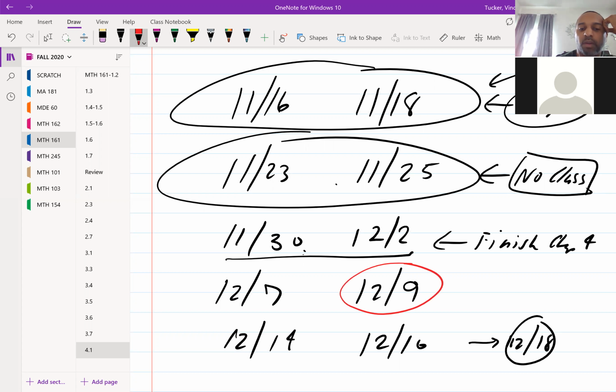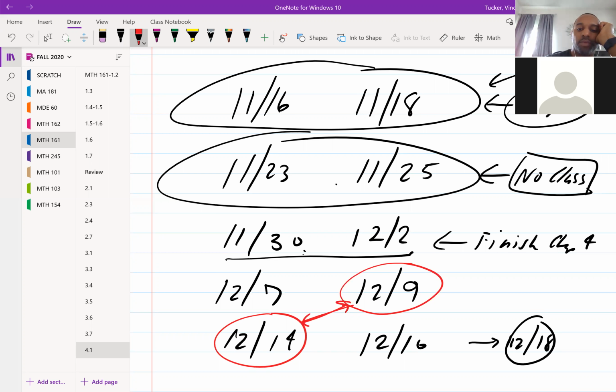I want to do it on one of these 2 days or do part 1 here and part 2 there, because we're not going to be able to set aside a 2-hour block. So we just have regular class time, and I'm trying to make sure that whatever we do fits within that class time.